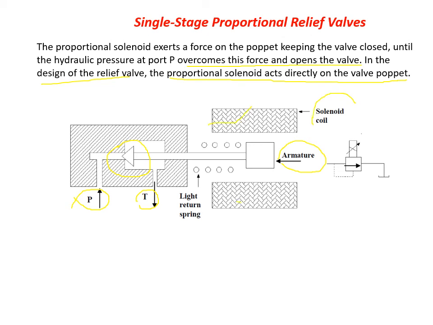So these two solenoid coils will generate a current, and proportional to that current, the armature will exert the force on this valve seat. This simply means that once the pressure at the P port exceeds that particular value, the valve will open and the fluid is allowed to go directly from the pressure port to the tank, to prevent damage or overloading of the hydraulic circuit.